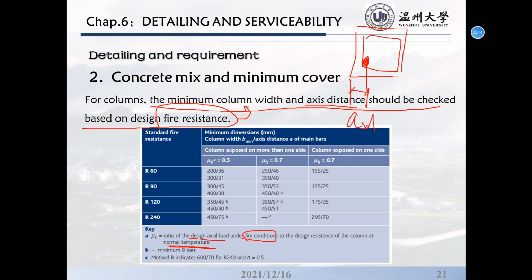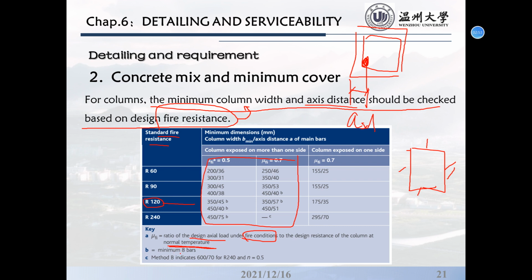If the column is exposed on one side or more than one side, we should follow this chart. There is the standard fire resistance. Standard fire. If the columns are 120, right, at this level, and the columns are exposed on more than one side, that means this side and this side, we should follow this one.